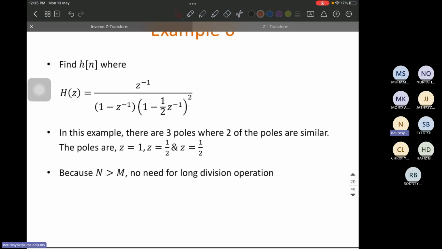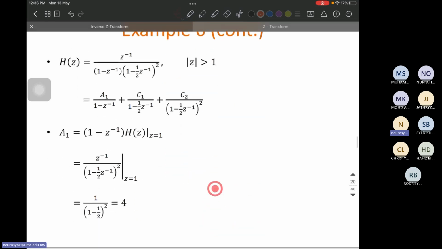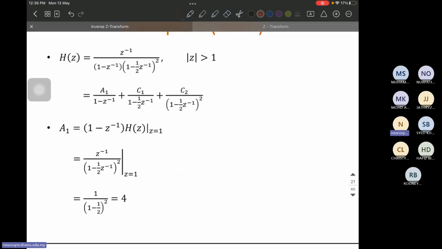There is one pole at z equal to 1, and two poles at z equal to 1 by 2, so there are total three poles. The numerator is of lower degree than the denominator, so we will not need the long division method here. Long division is only applicable where the numerator has higher degree.